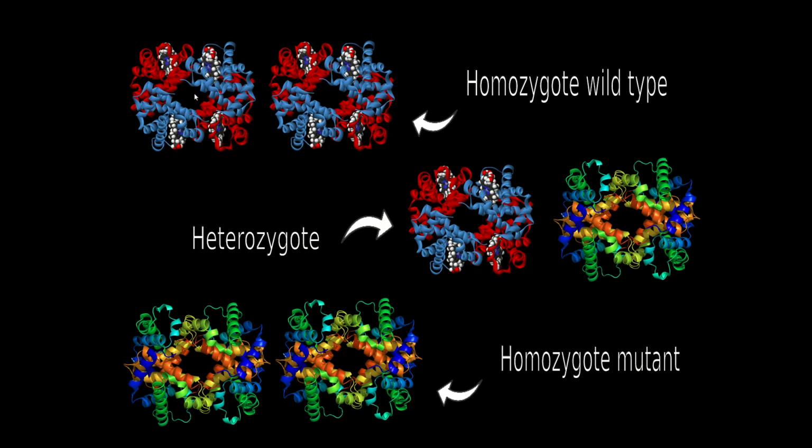You can have 2 genes for wild type human hemoglobin, so you will form two kinds of human hemoglobin that are perfectly functional, and this is the situation where healthy people stand. Then you can have the healthy wild type form of human hemoglobin in one gene, in one chromosome, and the mutated form in the other chromosome, and this is the case where you are heterozygote.